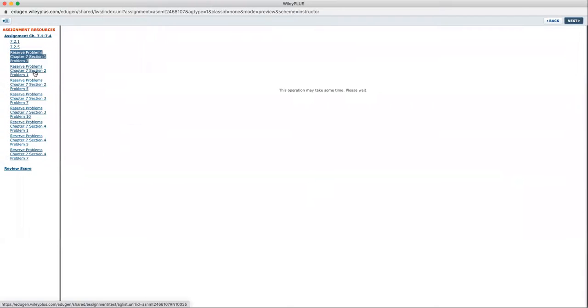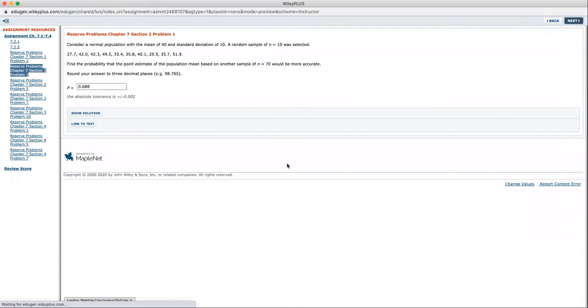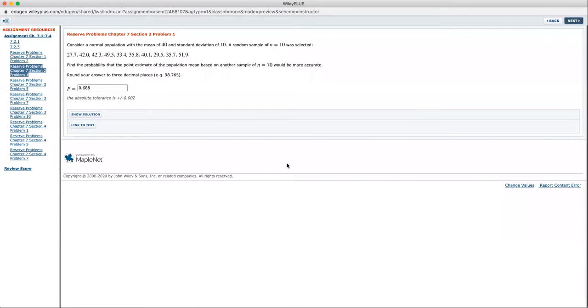The next problem is chapter 7, 7.2.1. Consider a normal population with a mean of 40 and standard deviation of 10. A random sample of n is 10 was selected.